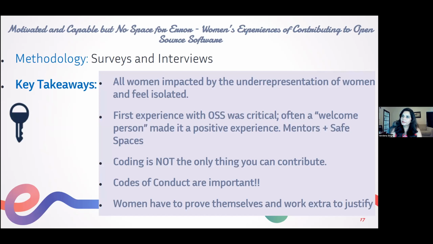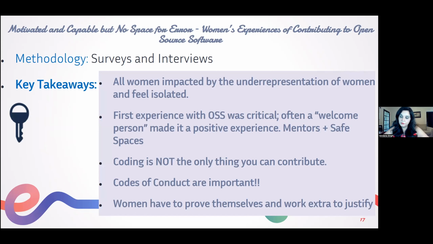This is one article I wrote early on about women in open source software when I started doing the research. It is called Motivated and Capable, but No Space for Error: Women's Experiences of Contributing to Open Source Software. The methodology that I used here was a survey and then interviews.